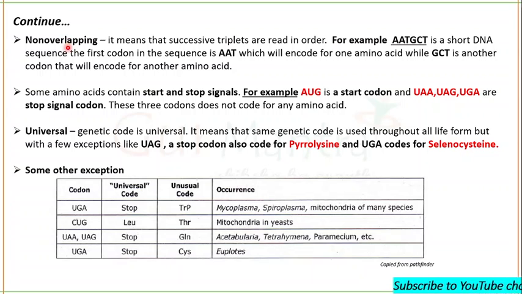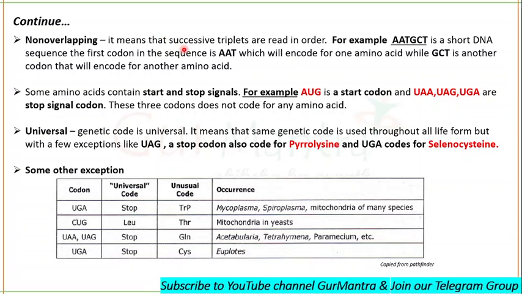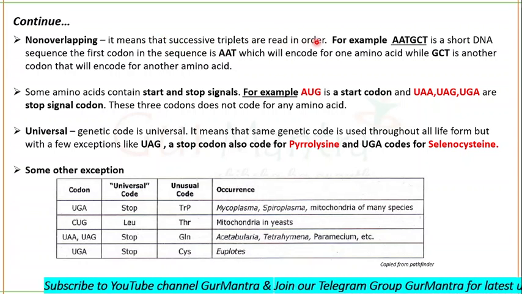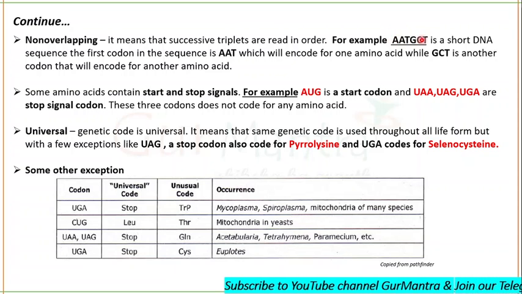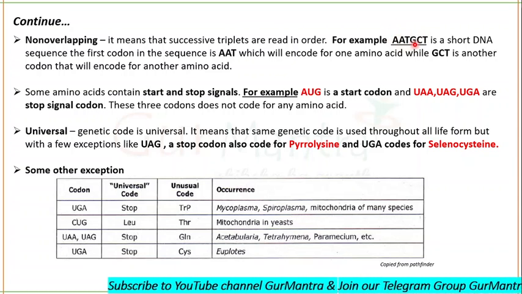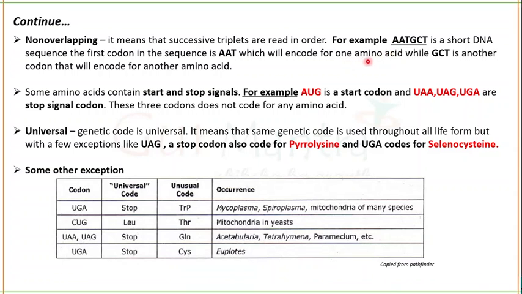So next, genetic code is non-overlapping. It means that successive triplets are read in order. Let's have an example. AAT, GCT. It's a sequence of DNA. The first codon AAT will encode for one amino acid.